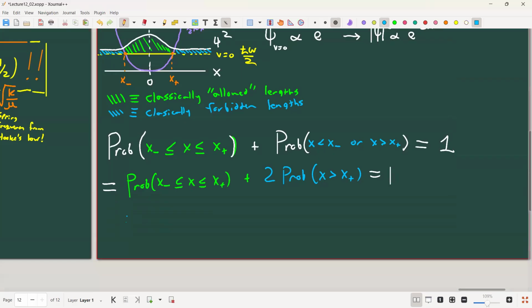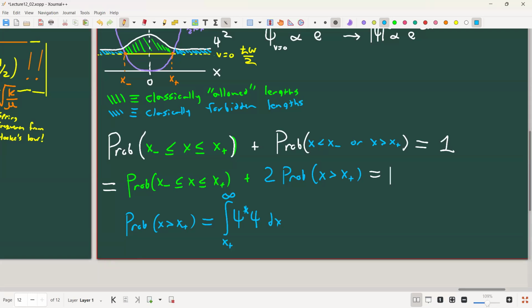The probability that x is greater than x plus is equal to the integral from x plus to infinity of the wave function times the wave function dx. Remember, to calculate the total probability, we just integrate over the space that we are interested in.